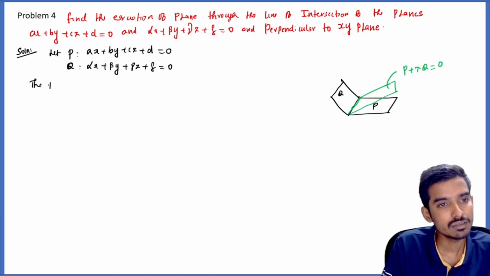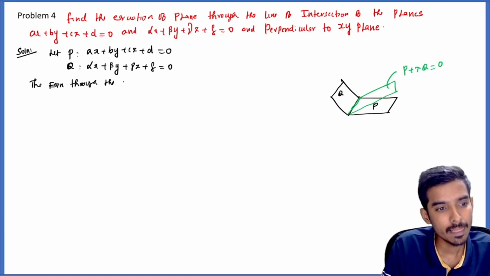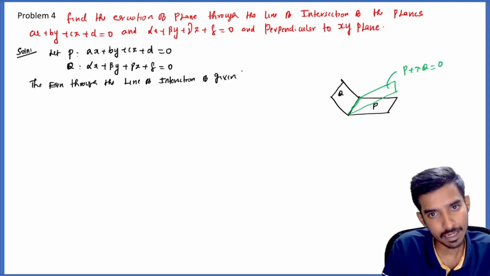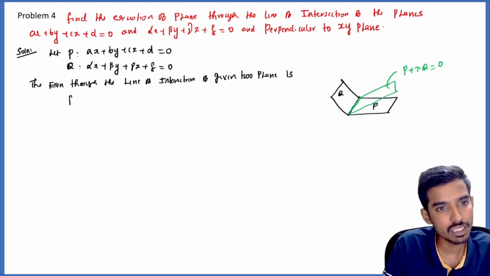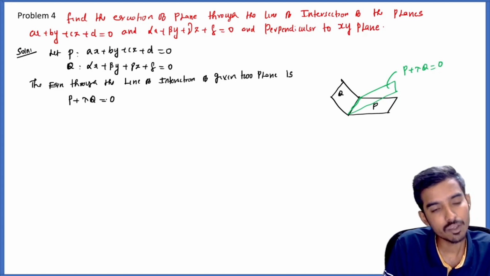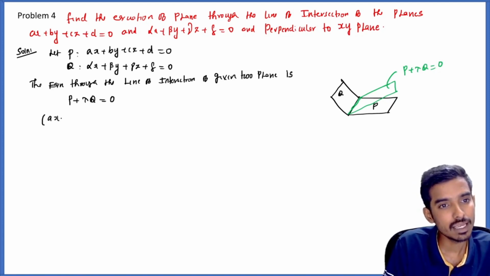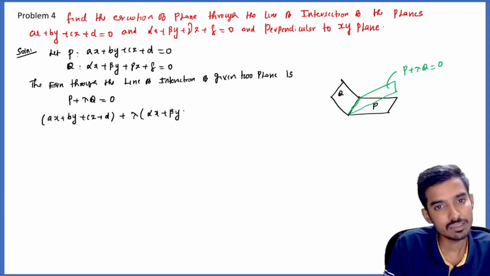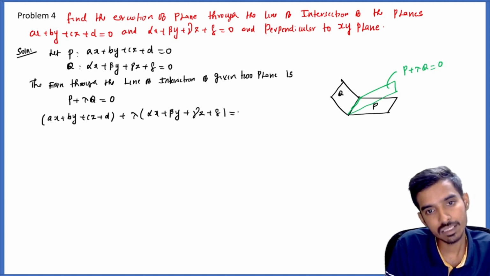The required equation, that is the equation through the line of intersection of the given two planes, is p plus lambda q equal to 0. So p is ax plus by plus cz plus d plus lambda into alpha x plus beta y plus gamma z plus delta is equal to 0, right?